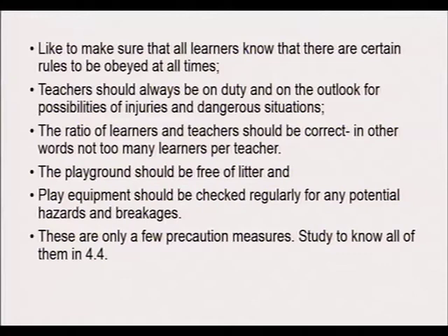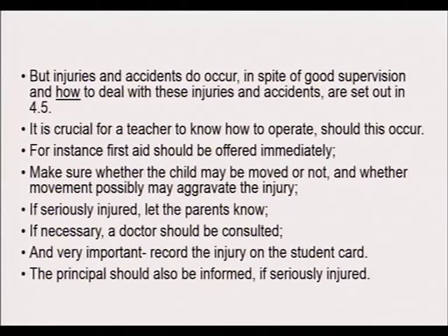The ratio of learners and teachers should be correct. In other words, not too many learners per teacher. The playground should be free of litter, and play equipment should be checked regularly for any potential hazards and breakages. These are only a few precaution measures. Study to know them all in 4.4.